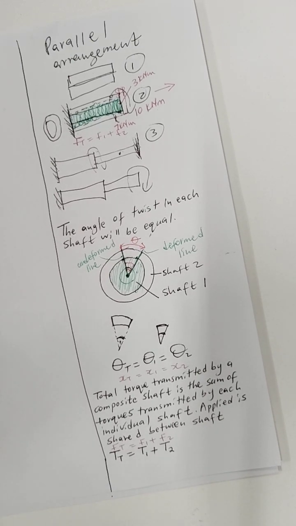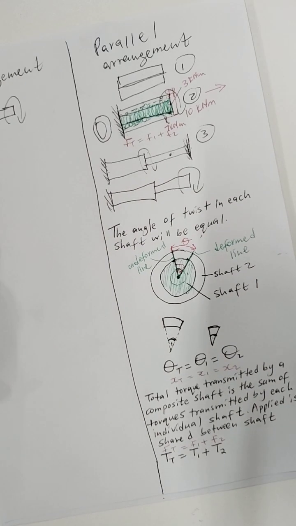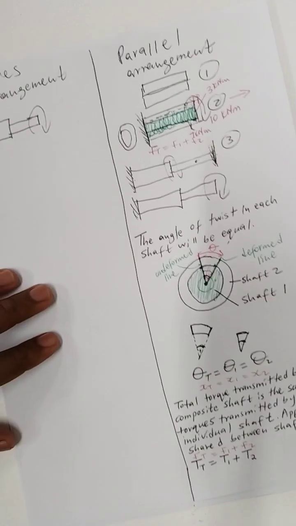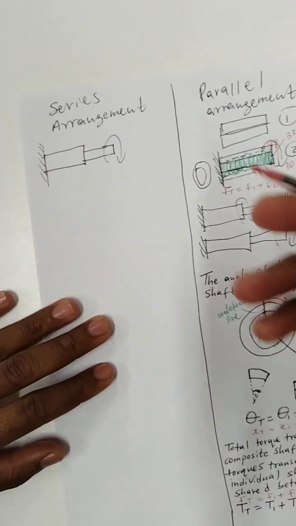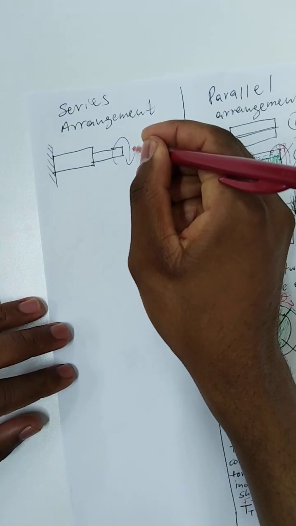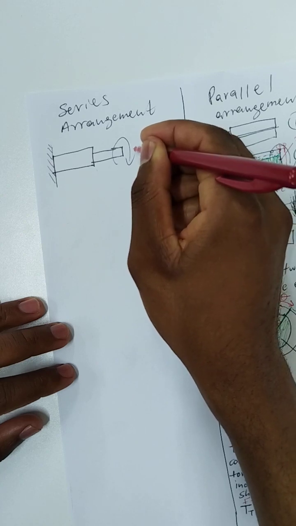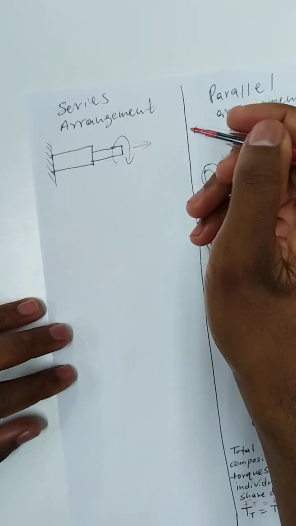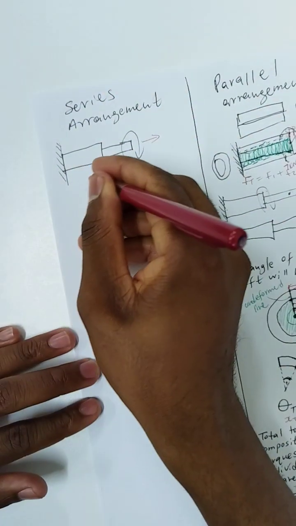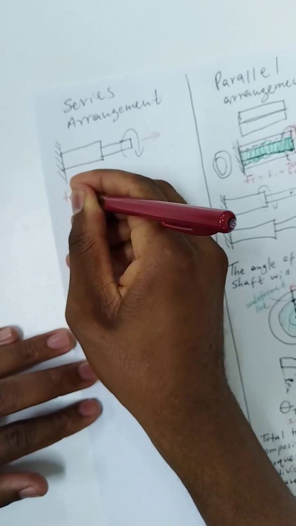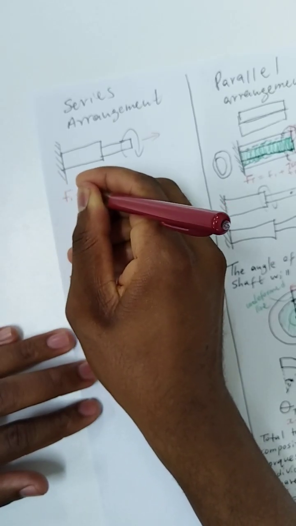In series is going to be the vice versa of this. You can relate it with that part of axial loading. If we apply the force like this in series, we know the force that you apply will be common.